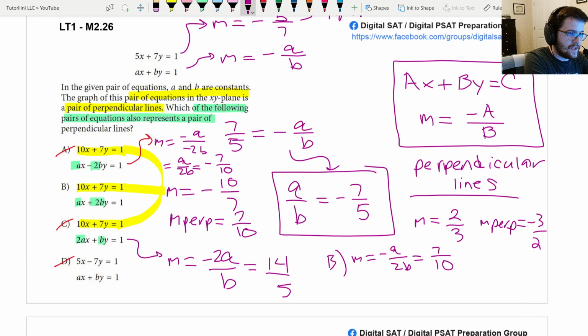So see how we just replaced the a/b with -7/5, just like we've been doing this whole time. All right, so that gives us answer choice B. Wow, very confusing question. I hope I did that in the easiest way.